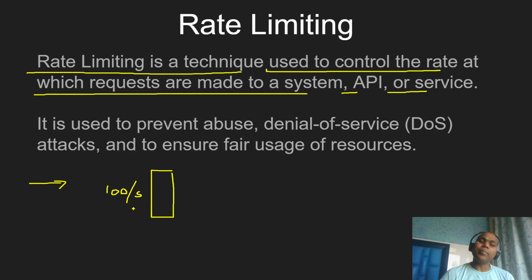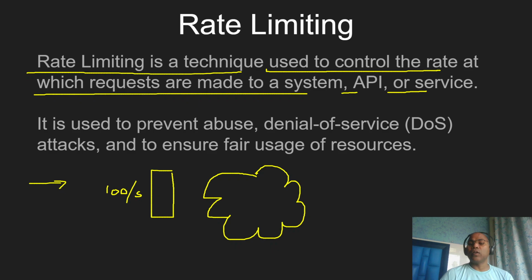And many times I know my system's capability is to handle 1 million requests per second. What happens if someone sends a billion or trillion requests per second, due to automation, AI, or scripting?